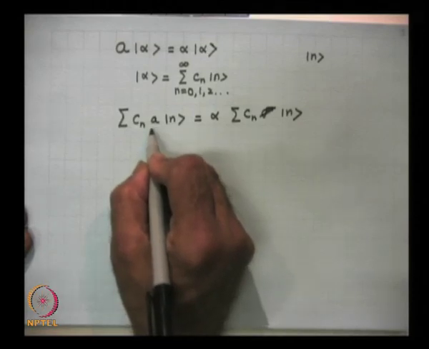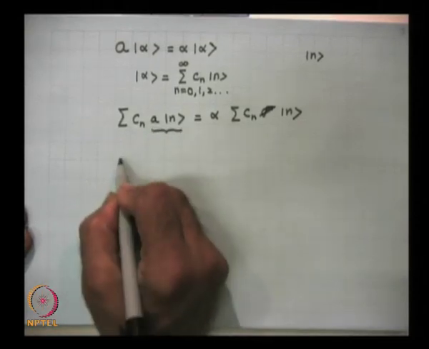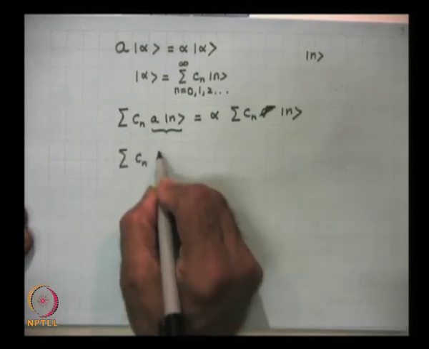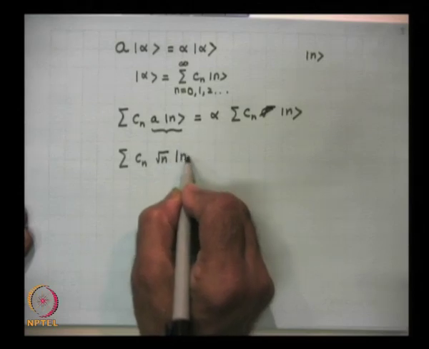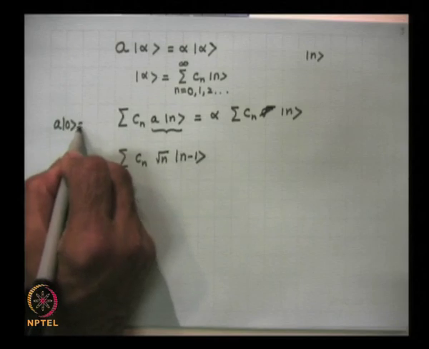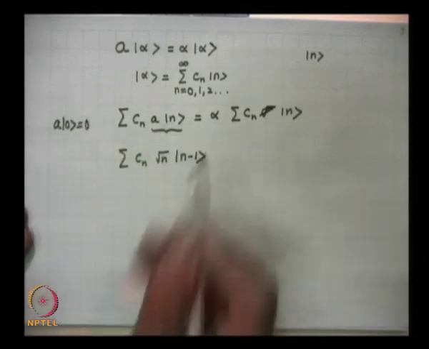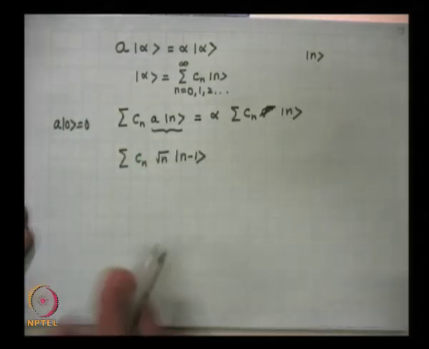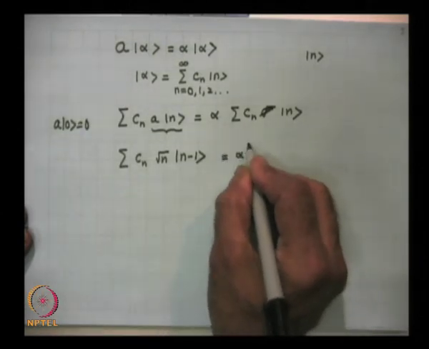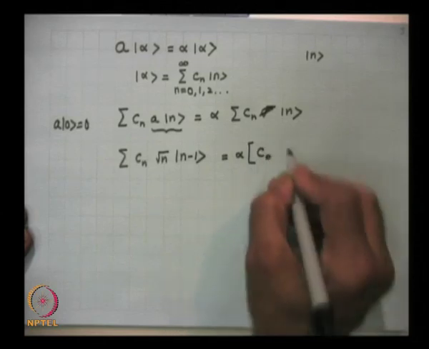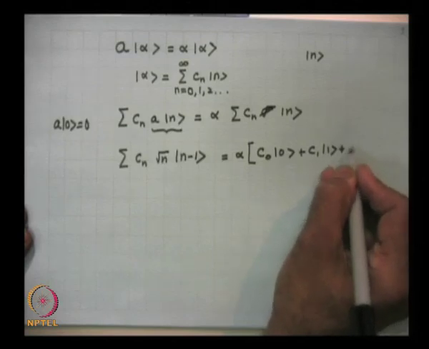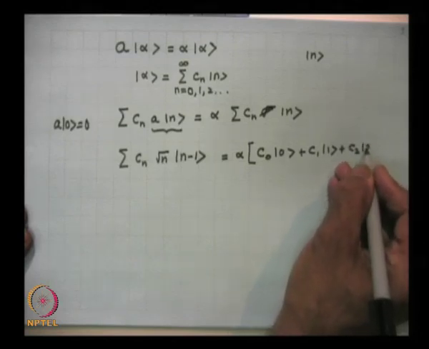We now know that A ket n is just C n under root of n, ket n minus 1. Of course, A ket 0 is a null ket. So, the first term becomes 0, and on the right hand side this becomes alpha times C 0 ket 0 plus C 1 ket 1 plus C 2 ket 2, etc.